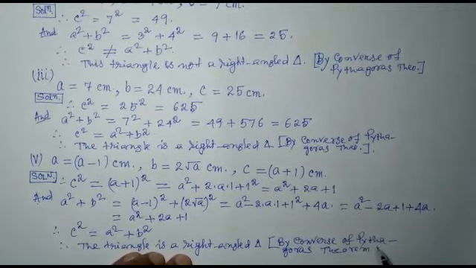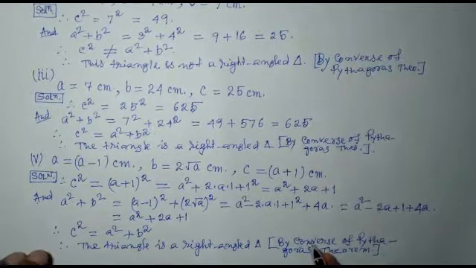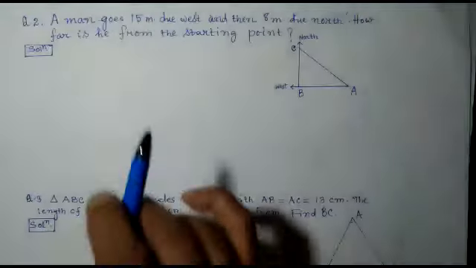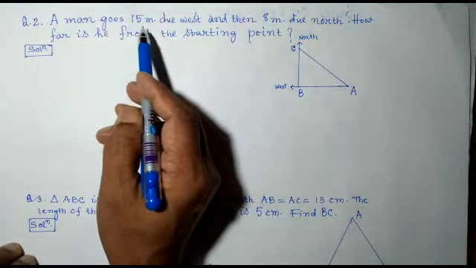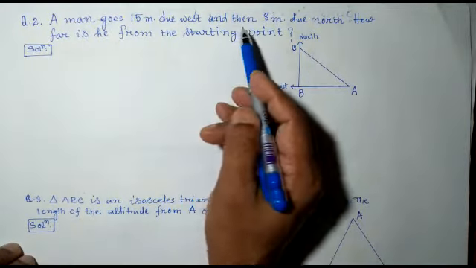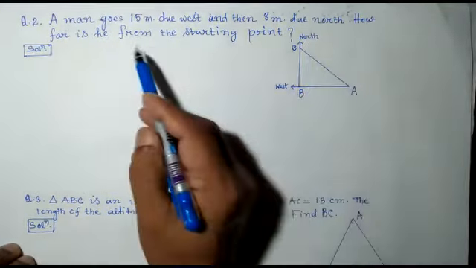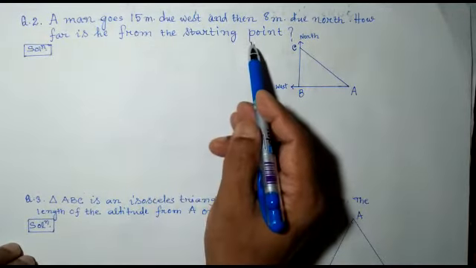Next we will do question number 2. Question 2. A man goes 15 meter due west and then 8 meter due north. How far is he from the starting point?